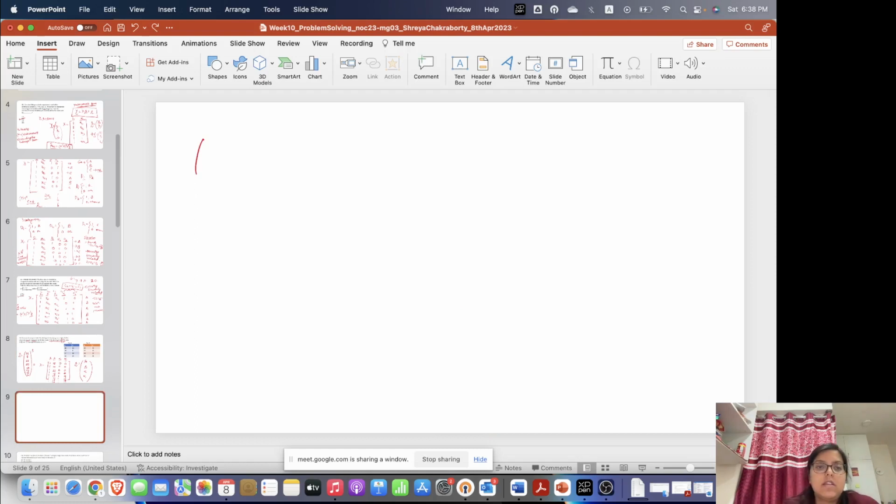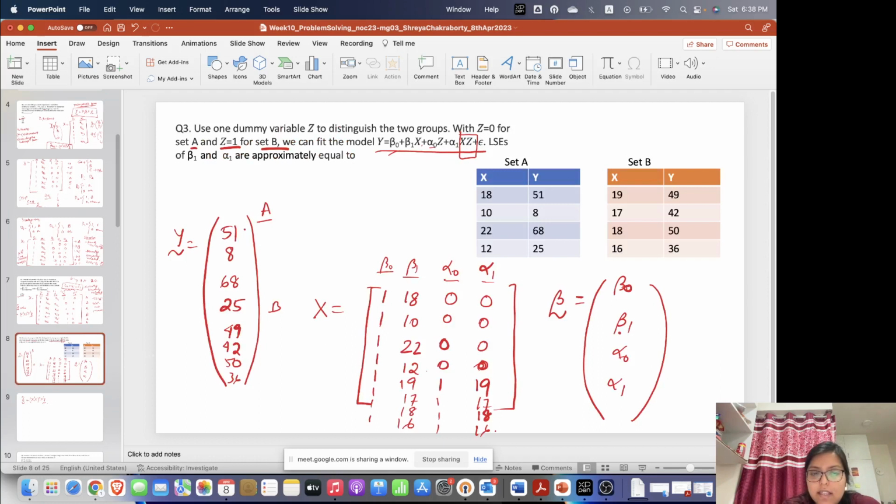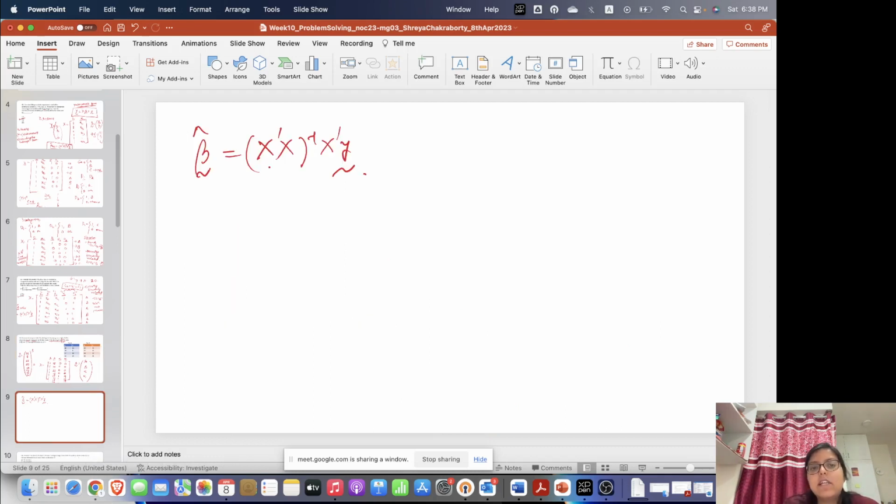So we can get beta hat as x prime x inverse x prime y, where my x's and y's are this thing. So the formulation is clear to you, hopefully. This is only what matters. Then we just have to algebraically derive x prime x inverse x prime y.